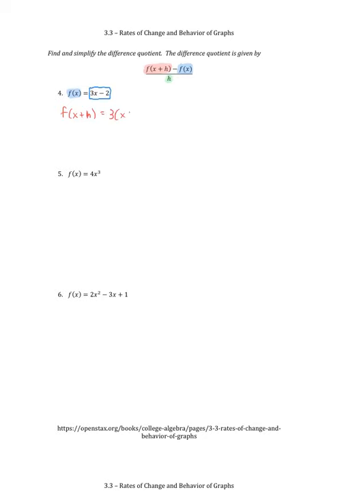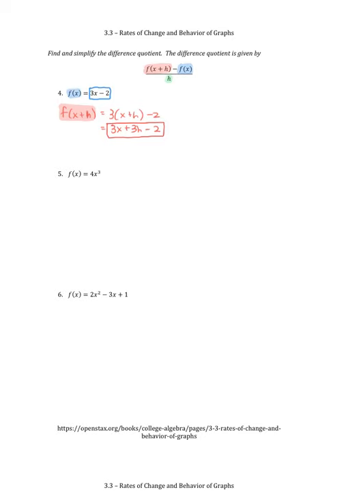So 3 times x plus h minus 2. So we distribute the 3 and we get 3x plus 3h minus 2. There are no like terms, so that's it. So f of x plus h is going to be this function right here. So that's going to go in for the red, the f of x plus h.